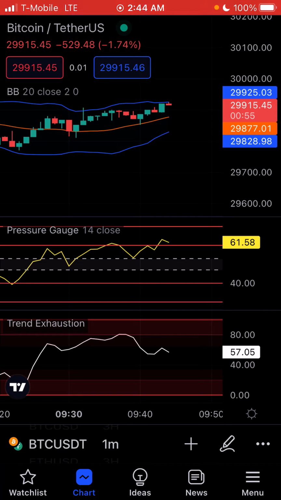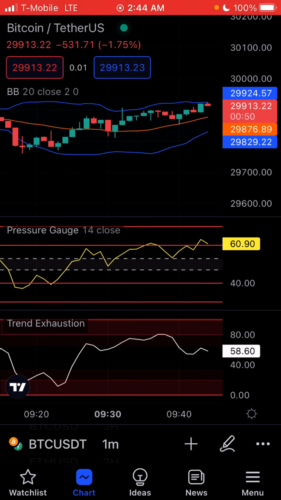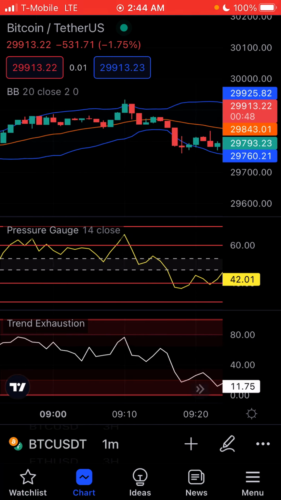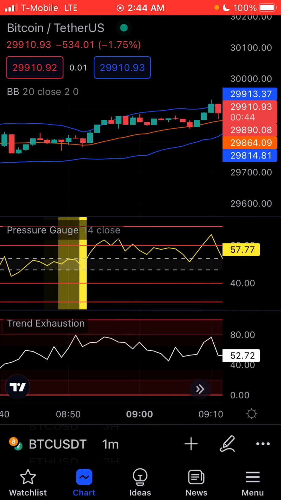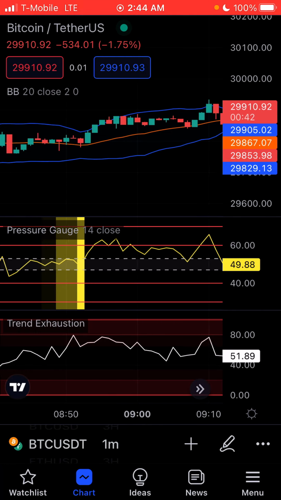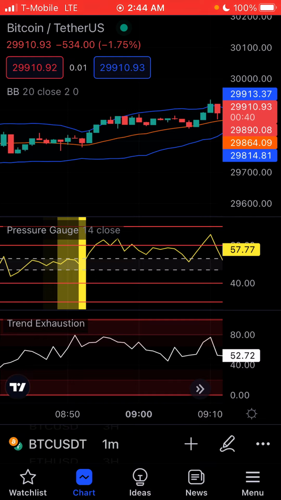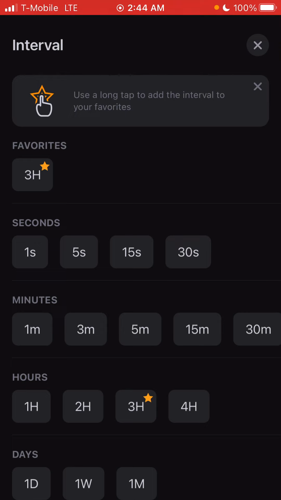In this combination, what I look for is the pressure gauge. It'll show like this. You'll see a yellow bar down at this. When you see the pressure gauge, let's not go to the minute mark here.